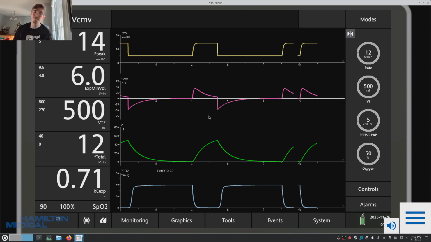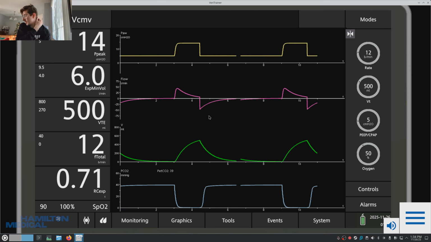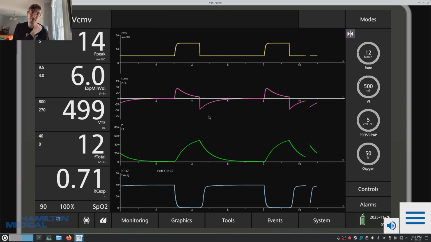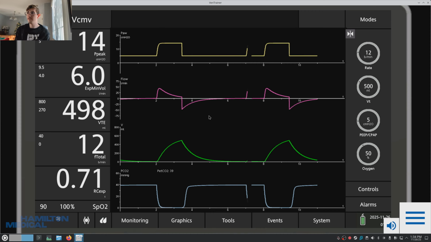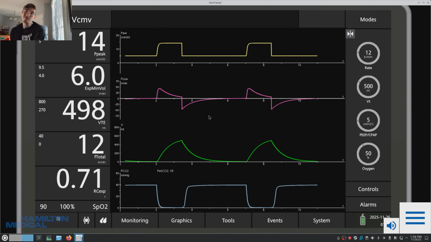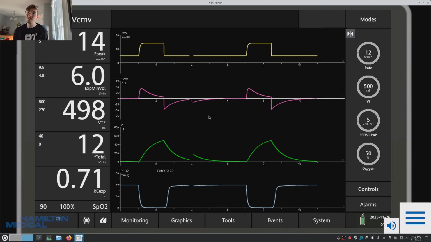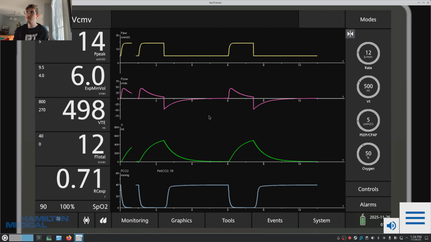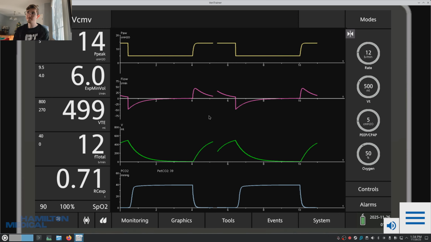But let's say you have a patient who's snowed. Let's say you have a patient who is, I don't know, on paralytics, whatever, and they have that metabolic acidosis. Well, then, yeah, you could use PRVC to get your guaranteed minute ventilation while still dragging out the I time to increase your mean airway pressure to some extent.